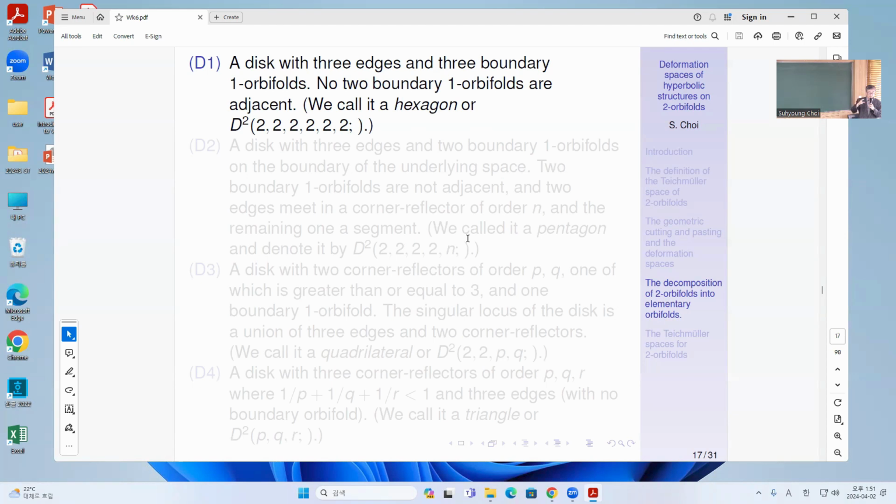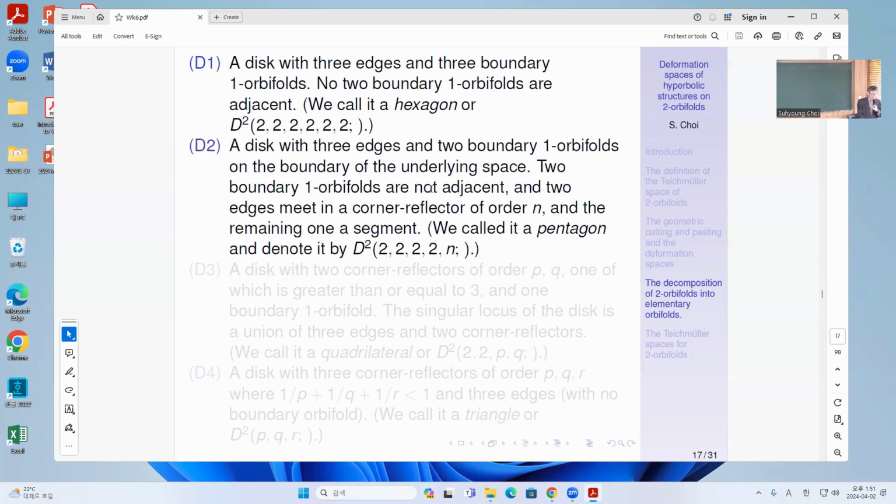Every singularity is just a corner reflector. If you do not separate, then there should be 3 of them which are not adjacent, or 3 of them are separate and 3 of them are not separate. So this will occur like jumping from one type to the other, right?